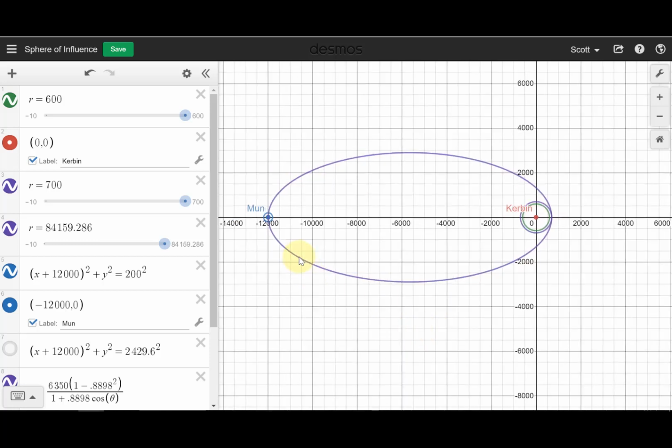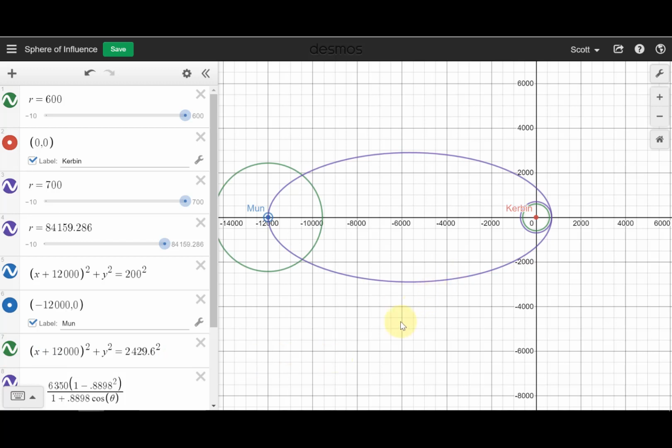But the Mun also has its own sphere of influence, which is a roughly 2,429.6 kilometer sphere of influence around the Mun. So if we get close enough to the Mun, then actually we'll enter into the sphere of influence of the Mun, and then the Mun will determine the orbit. So you can see that sphere right there.